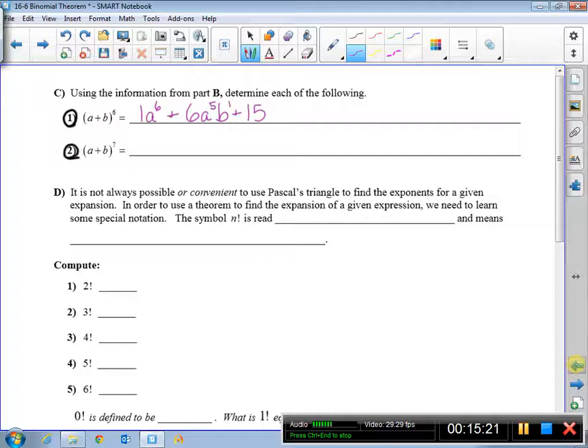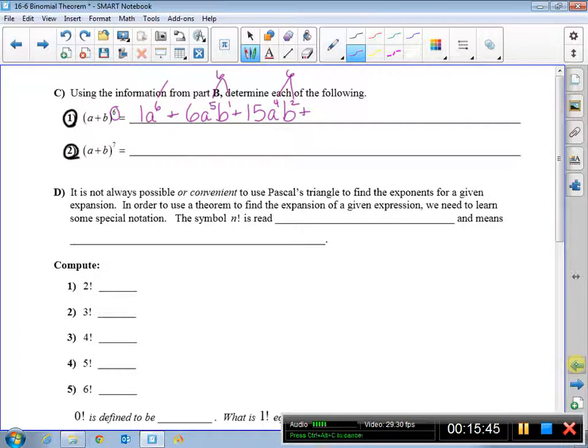And I know my a exponents are going down and the b's are going up. Notice each time though the exponents add up to 6: 4 and 2 adds up to 6, 5 and 1 adds up to 6, and 6 and 0 adds up to 6. And that's the power that you're raising this expansion to.